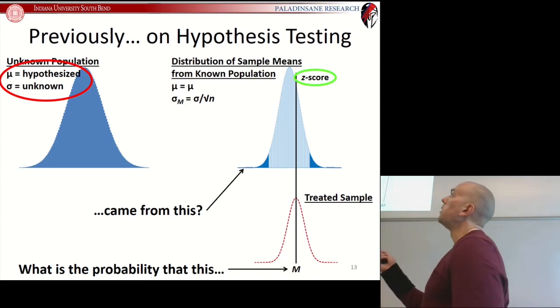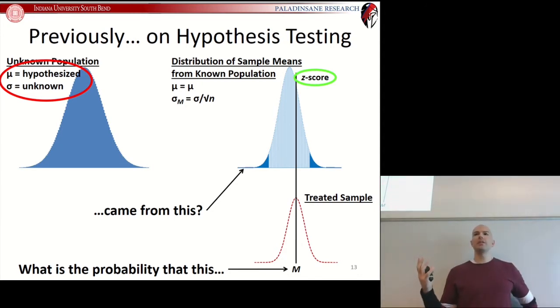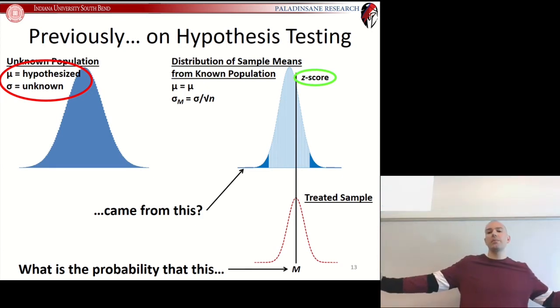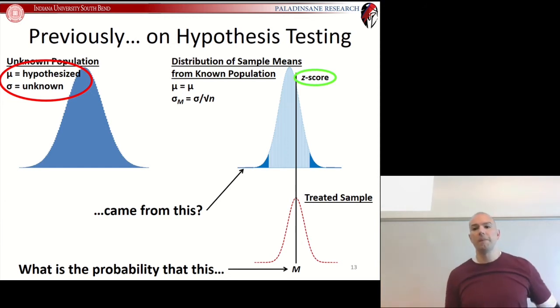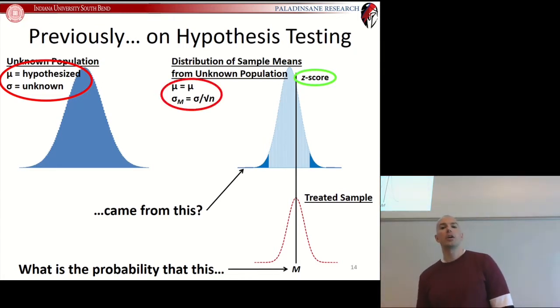But notice we know nothing about the spread. We don't know anything about the standard deviation. Maybe it's a tight population distribution. Maybe it's a really wide population distribution. We don't know. Importantly, what that means is that when we do our distribution of sample means from this unknown population, we're missing some information. Because while we still have the mean of the population, remember we have that hypothesized mean, we're missing this piece.